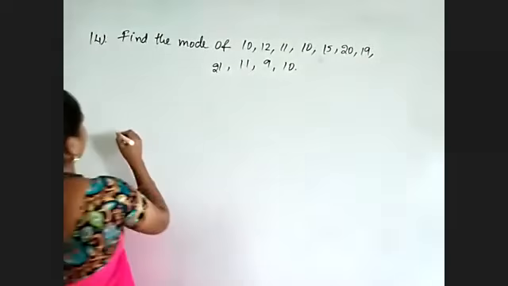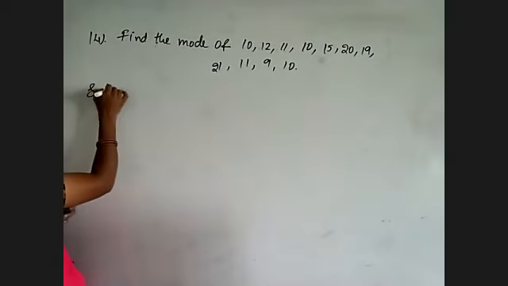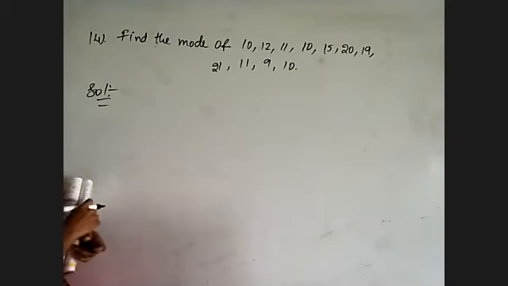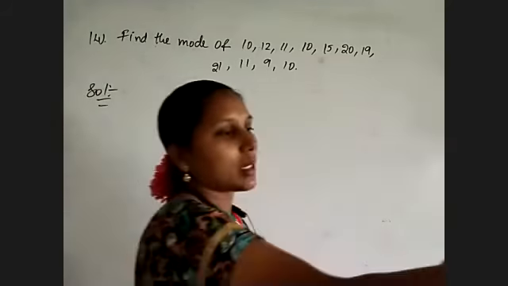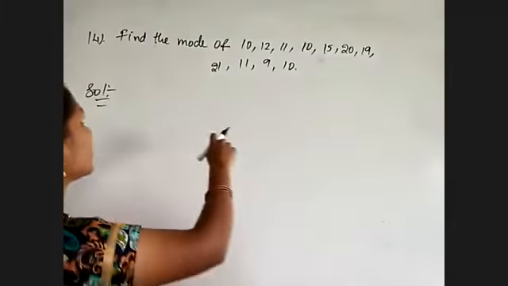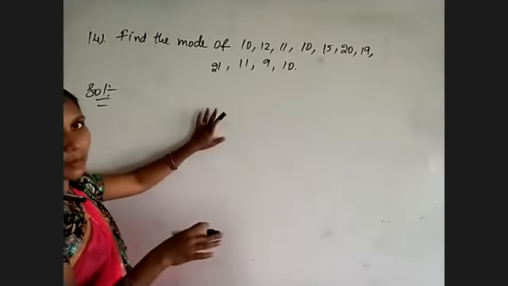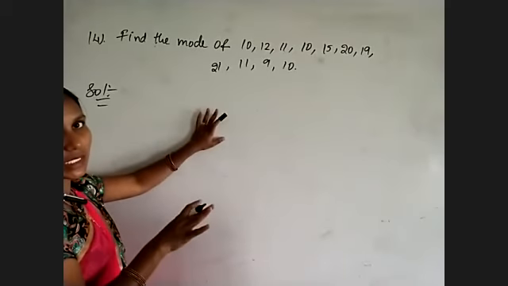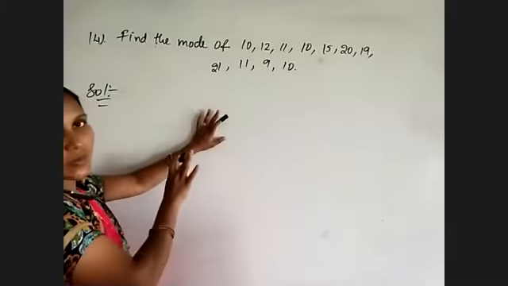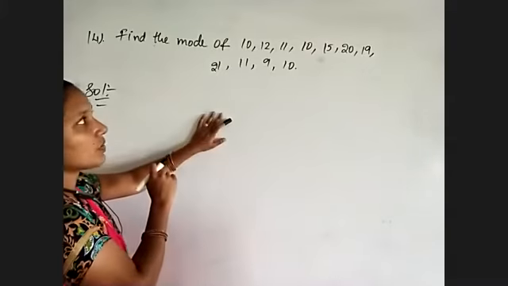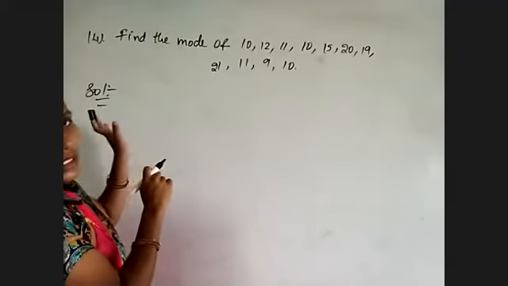So mode we can calculate for numerical data as well as verbal data. This data is numerical because all numbers are given. Now observe here, mode is nothing but the observation which occurs the most number of times, the most frequently occurring observation in the given data. So here observe what the different observations are in this.